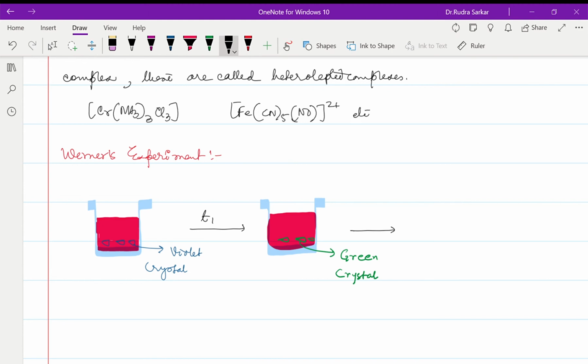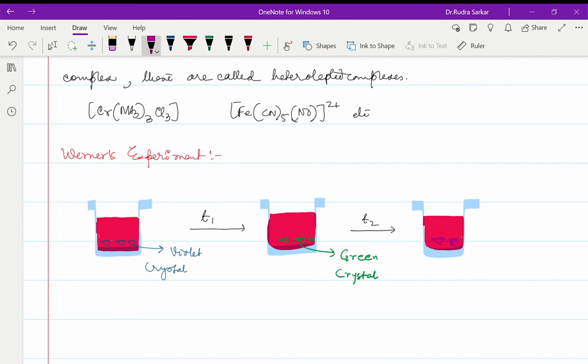Say again some time passes, say time t2, and you keep the solution standing, and again from the same soup we pass it into another beaker. You are now getting purple colored crystals.